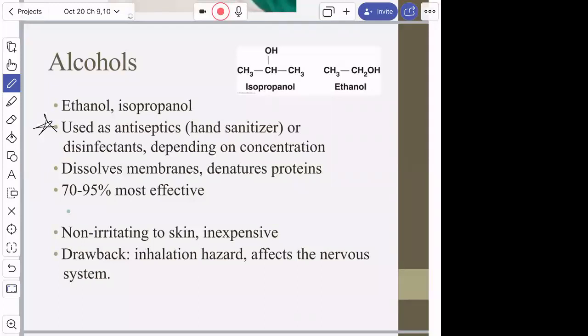But we do use different concentrations, and typically we might think, well, the more concentrated we use the alcohol, the better. That's not necessarily the case because some water is necessary for the alcohols to do their trick for the surfactant action.